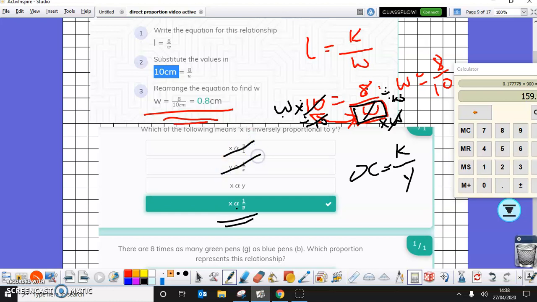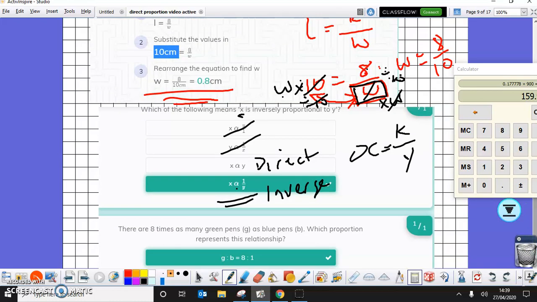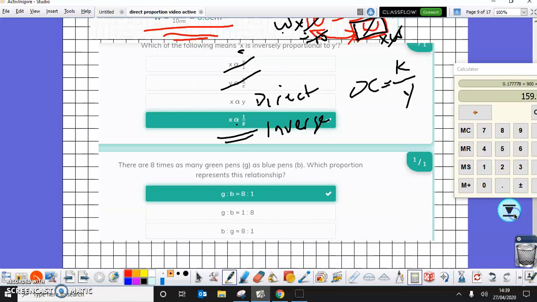We're not wanting to see what y is in relation to being proportionate to. My x comes first, so it has to be in my equation. X is directly proportionate. This is direct. Okay, and this is inverse. That could be a multiple choice question, something like that in GCSE.